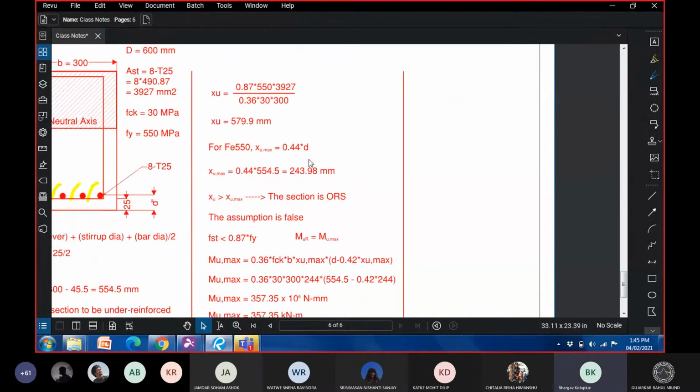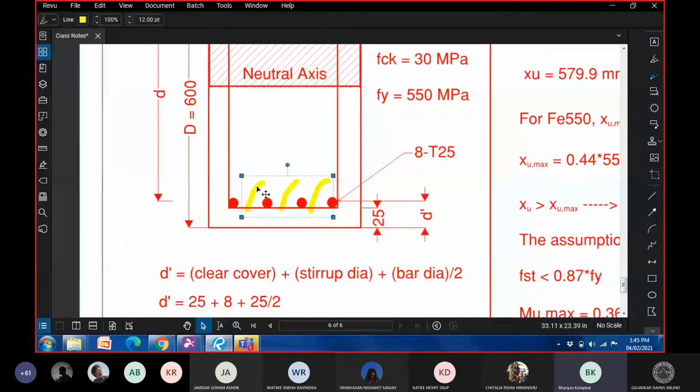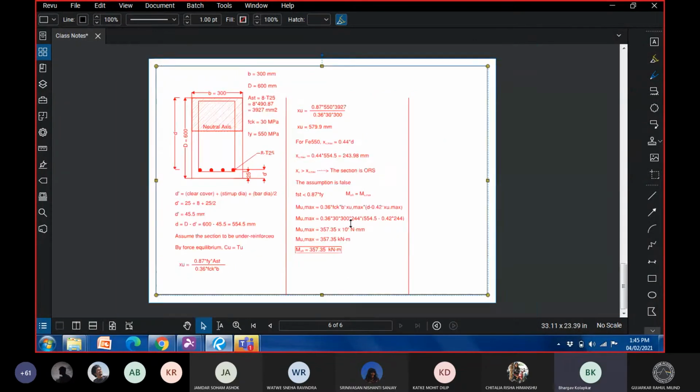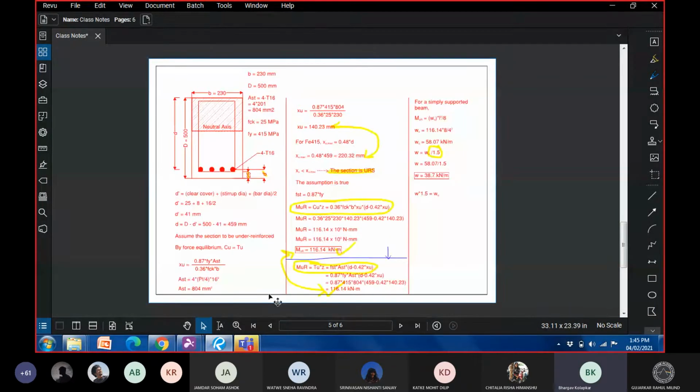Any more questions? Okay. So after this, we jump to what are called doubly reinforced sections.